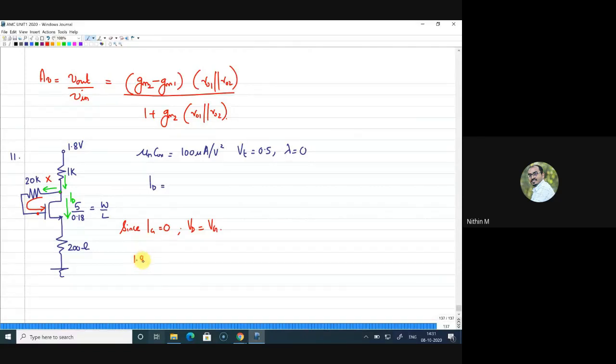1.8 is actually the supply voltage, right? So how will you get the answer for this?